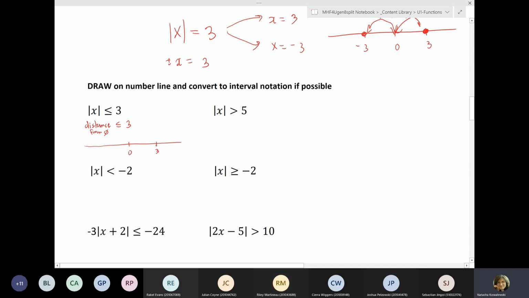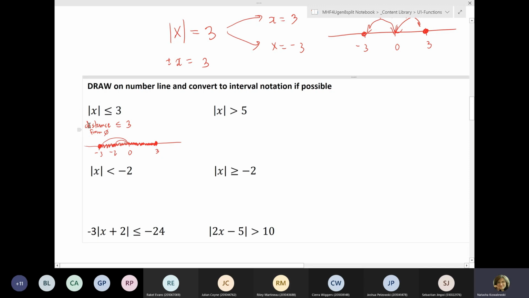So obviously 3 itself is going to be shaded. And numbers below 3 will be the distance lower than or equal to 0. But also on the other side, wherever negative 3 is, well, negative 3, its distance from 0 is still 3. And let's say negative 2 over here is also distance below 3. So I should be shading all of these down.